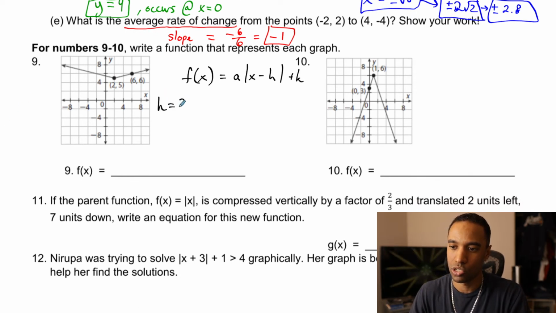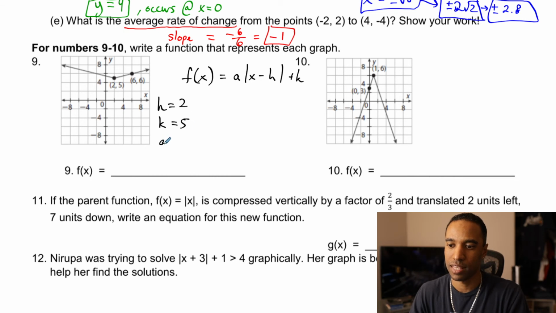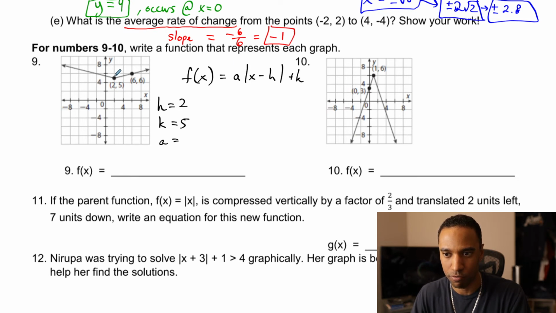For number 9, h is 2, k is 5, and for the a value, they give you another point that can easily help you here. Use the numbers to help you, because this looks like it's hitting a fraction, but it looks like it's going 2, 4, 6, 8. So this is halfway from 4 to 6, which is 5. We're going up 1 to 6 and over from 2 to 6, which is 4.